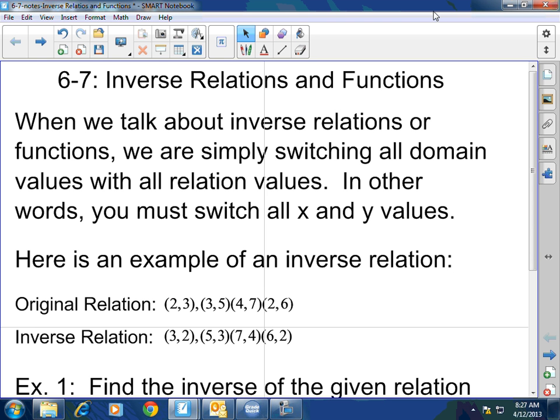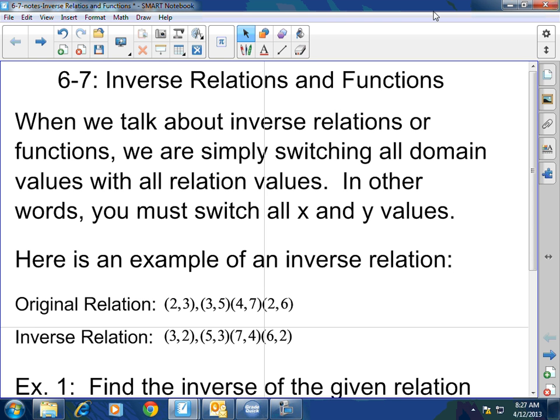When we talk about inverse relations or functions, remember there is a difference. A relation, guys, is any set of ordered pairs, period. A function is a relation where there is only one y value for any particular x value.